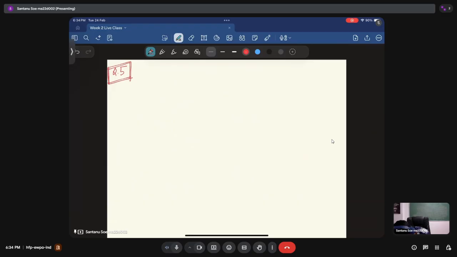So it says like this: find the value of the expression beta of 7 by 2 comma minus 1 by 2. Okay. So this is beta of 7 by 2 comma minus 1 by 2. Solution.